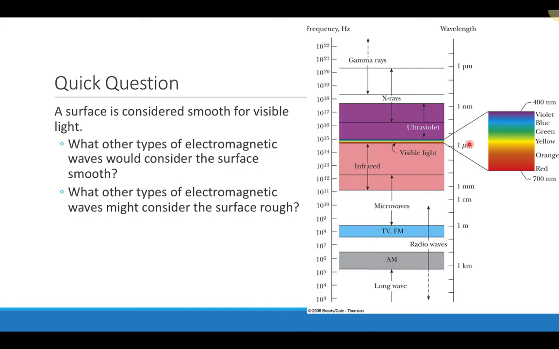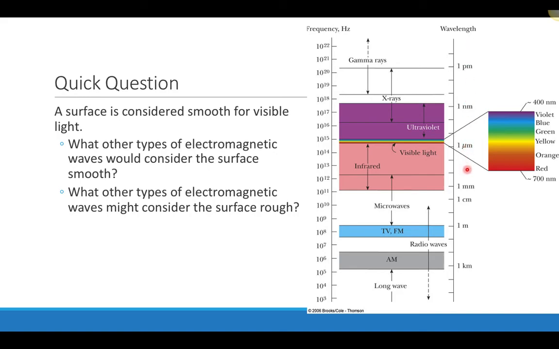A surface will be considered smooth if it has a large wavelength compared to the imperfections in the surface. So light is already smooth for this particular surface. Anything that has a larger wavelength would also see this surface as being smooth.